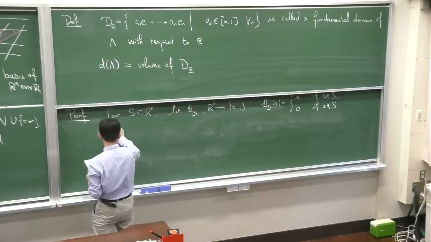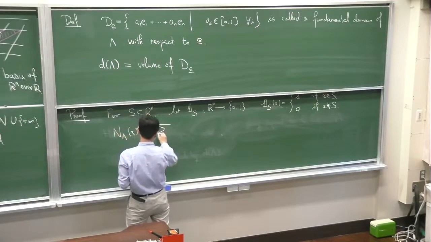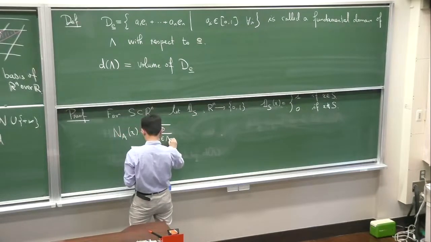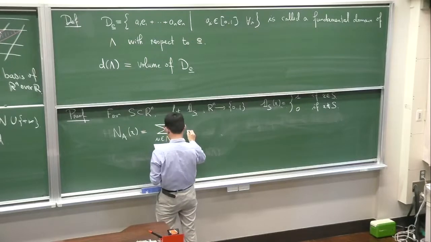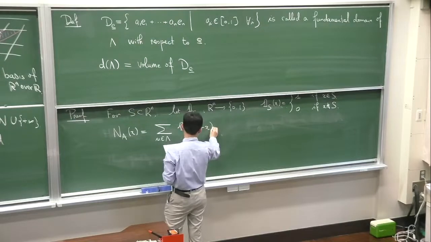Using this notation, you can write N_A(x) as the sum over u in Lambda of the indicator of (A + u - x).